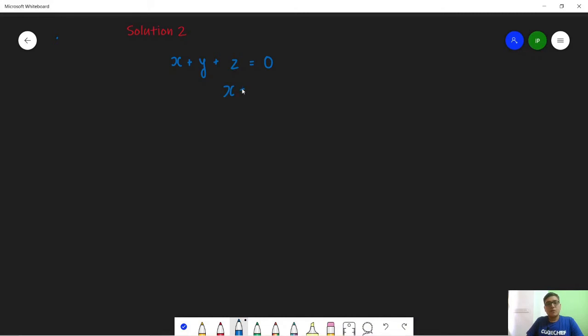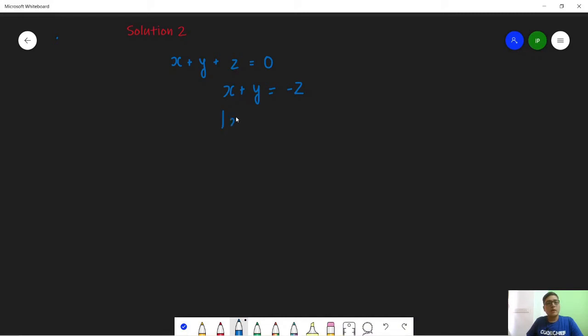So guys, let us look at another solution. Let us transfer z to the other side. Now this tells us that z has the opposite sign of x and y. Why this is true is because if x, y and z have the same sign, then x plus y plus z can never be equal to 0. So we can guarantee that z has the opposite sign of x and y.